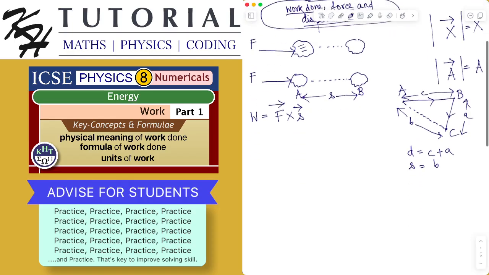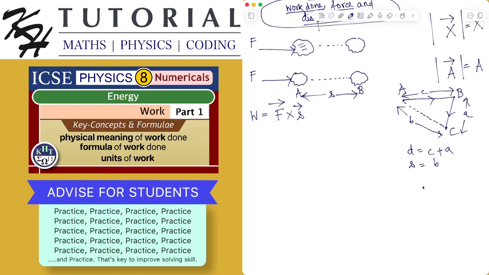Again, let's say a particle is moving in a square. Let's say the square is ABCD.